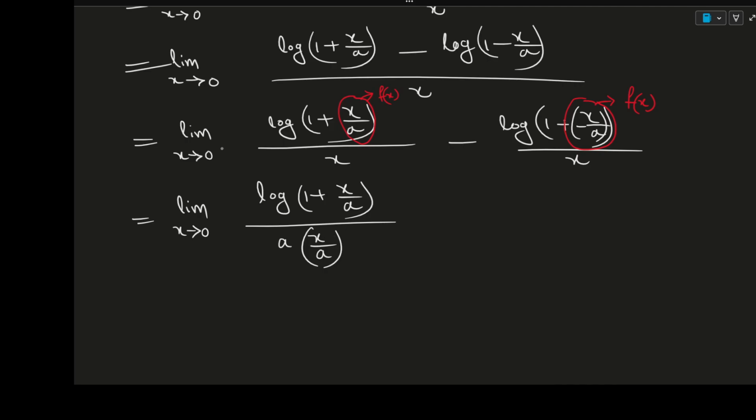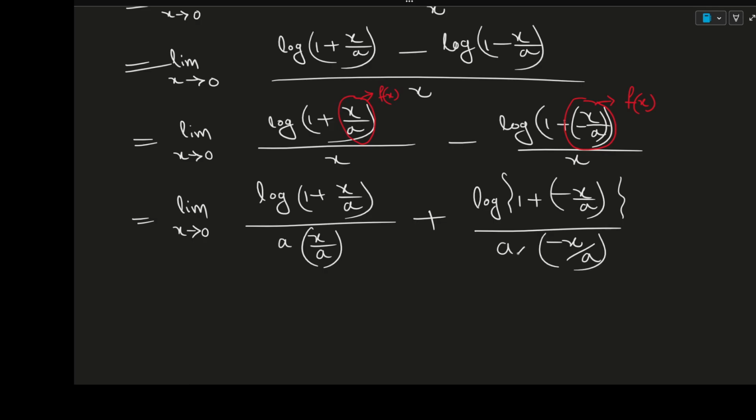Then we can apply our standard formula here. To make the f of x in the denominator, we will multiply here plus and take this minus to the x. Log 1 plus minus x by a, it is minus x here. We have divided by a and multiplied by a.